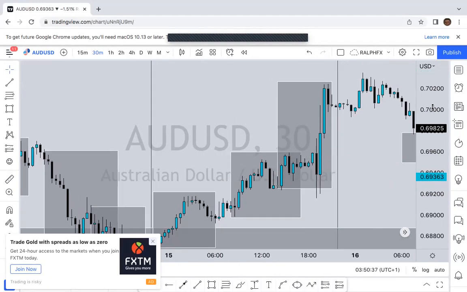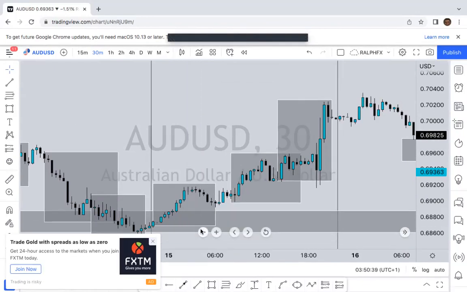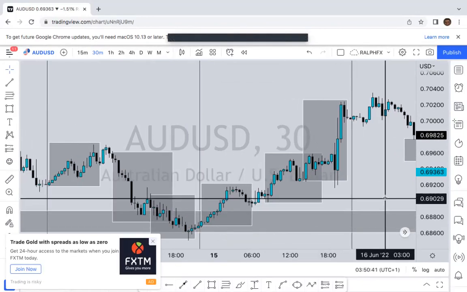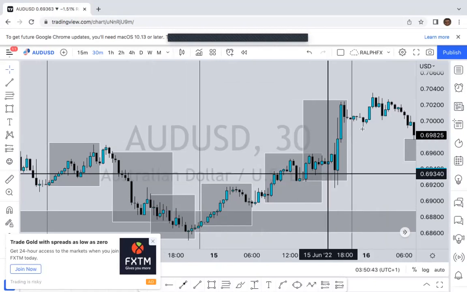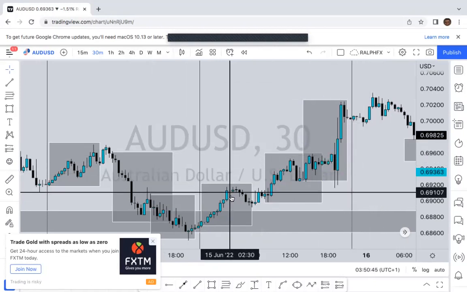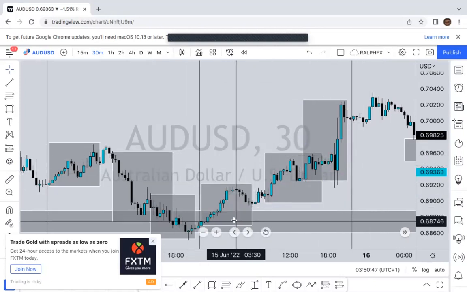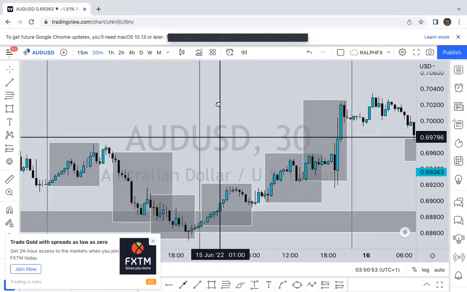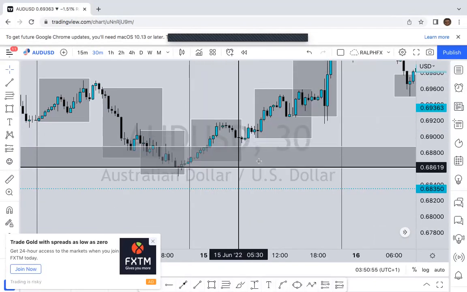So on this day, you can see the session that was the most active, which is the New York, right? So you have the Asian session. The Asian session typically for this pair is the least volatile or the least impulsive session, right? You can see that there's very little movement in the market during the Asian session.